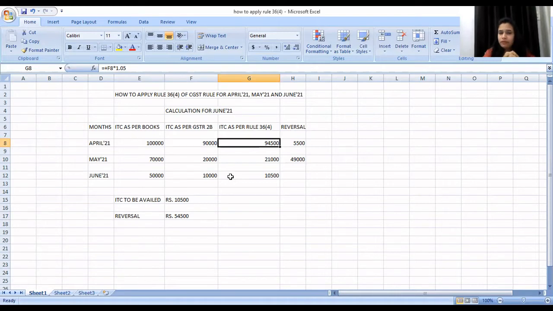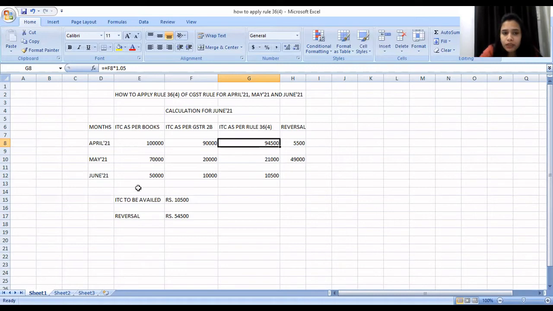So what is my reversal amount? 49,000 for May month. That means total reversal in June month GSTR 3B will be 54,500. 5,500 relating to April month and 49,000 for May month.